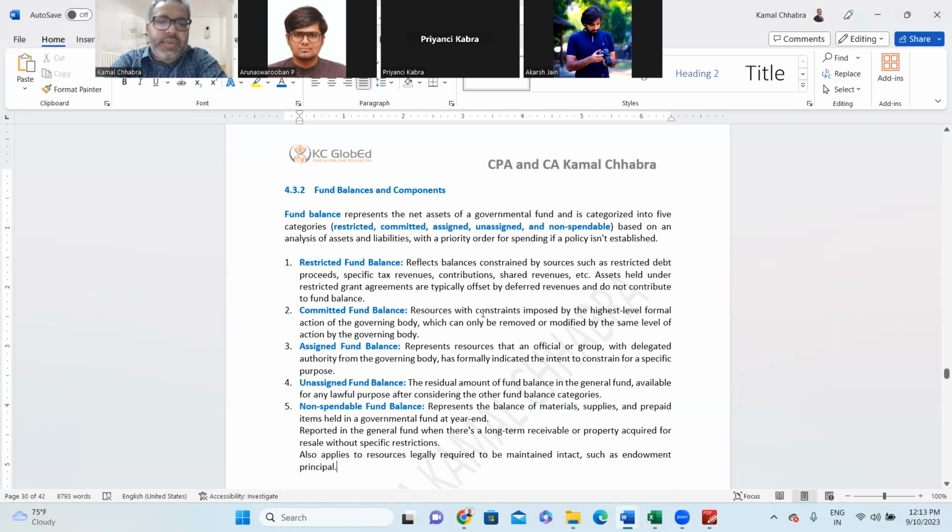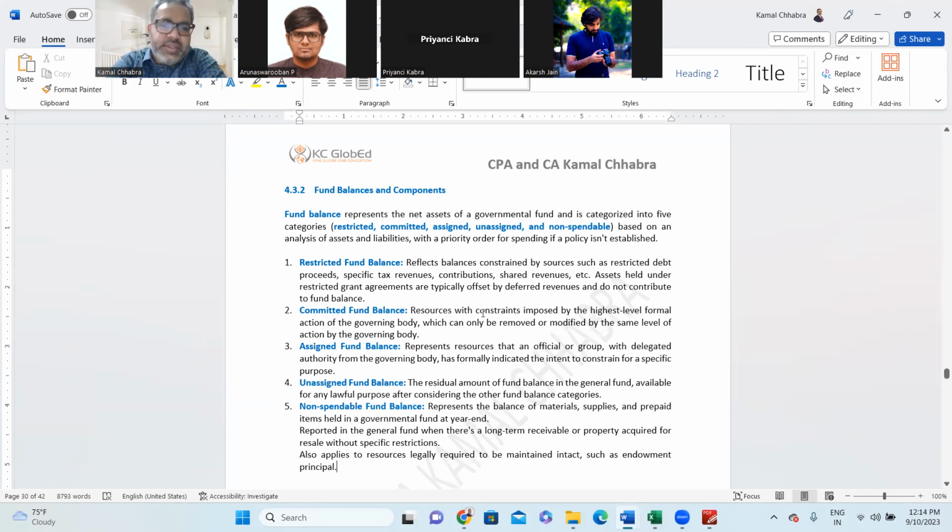In that scenario, what will be considered as restricted fund balance, committed, assigned, unassigned, and non-spendable fund balance? Let's keep that COVID care fund in mind and understand each of these 5 concepts one by one.